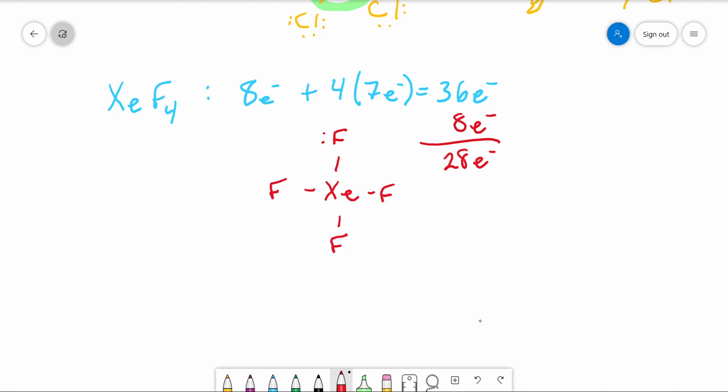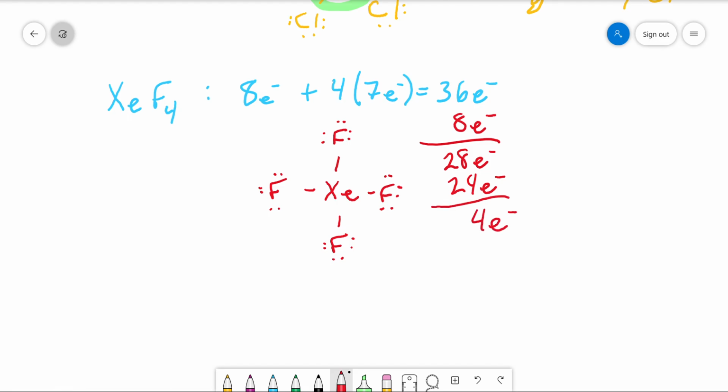That's 2, 4, 6, 8, 10, 12, 14, 16, 18, 20, 22, and 24. Okay, so that's 24 of those 28. So 24 electrons, that leaves me with 4 now.